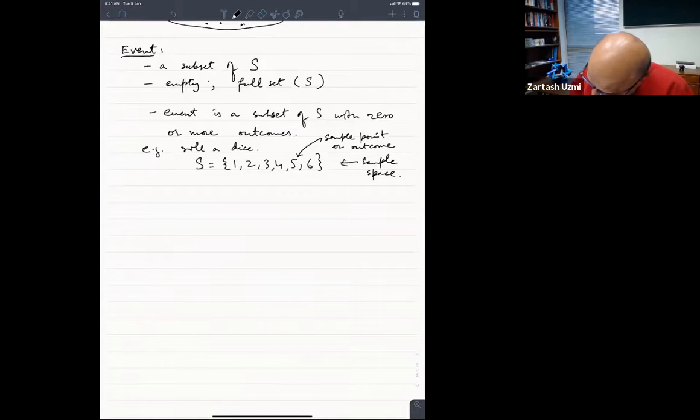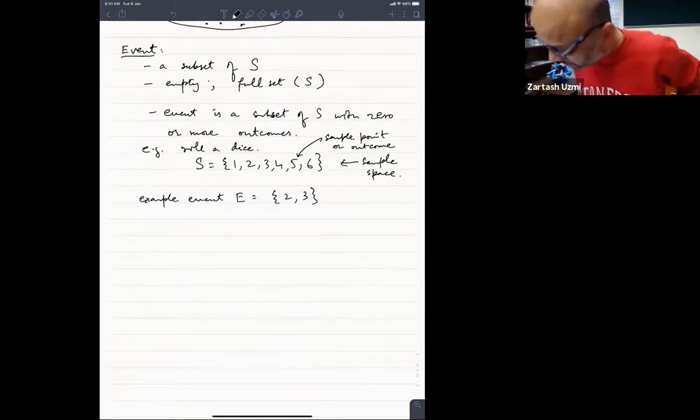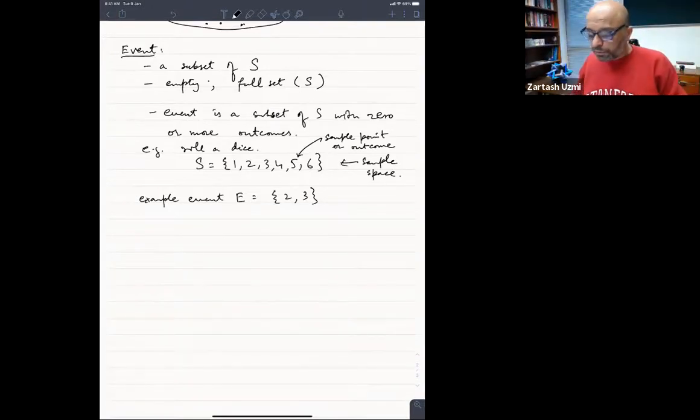An example event E could be something which consists of these two outcomes from the sample space. E is an event which consists of 2 and 3.